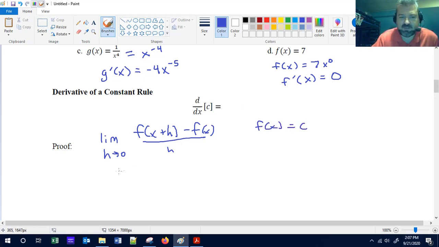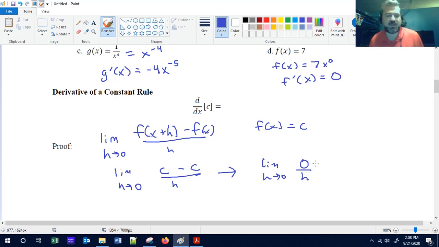So I need to replace all the x's here with x plus h, but there is no x, so it's still just a c. Then minus f of x, which is just a c, all over h. Well, this becomes the limit as h goes to 0 of 0 over h.